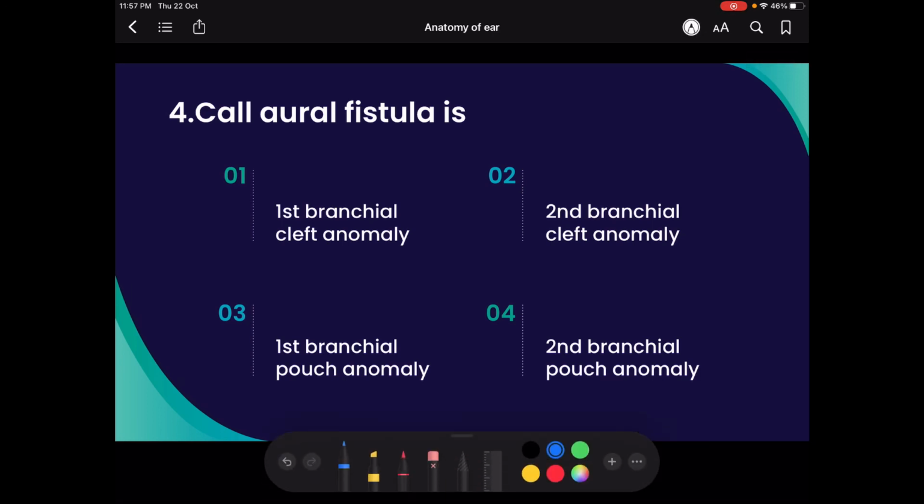It is the first branchial cleft anomaly, because coloboma fistula is a developmental anomaly of the external auditory canal. So the external auditory canal is mainly developed from the first branchial cleft, and any anomaly of the first branchial cleft may lead to the coloboma fistula. So the answer is 1.